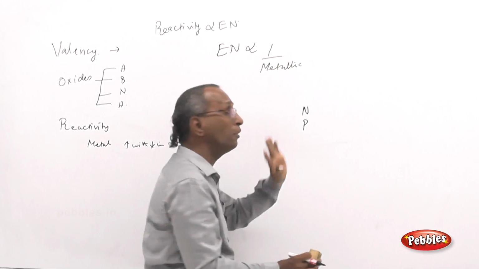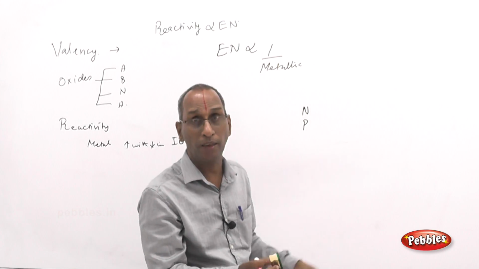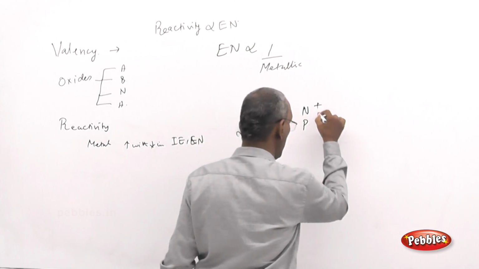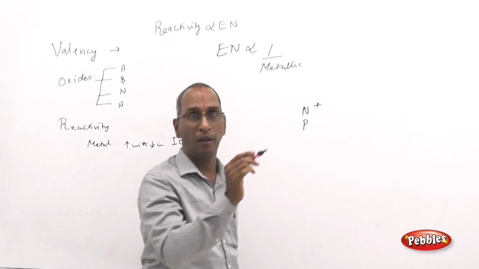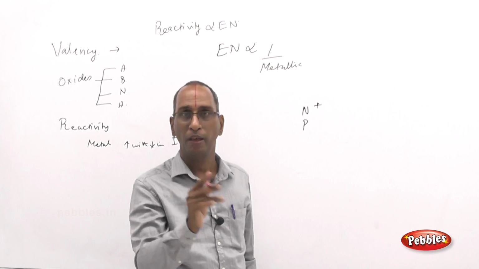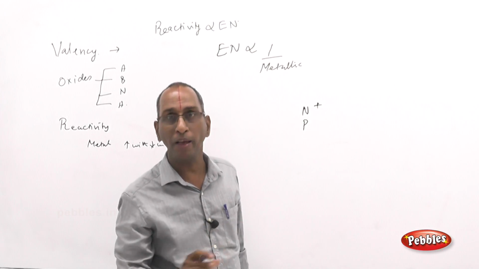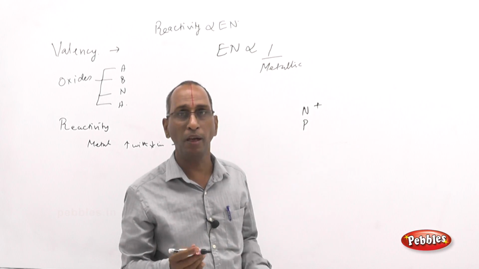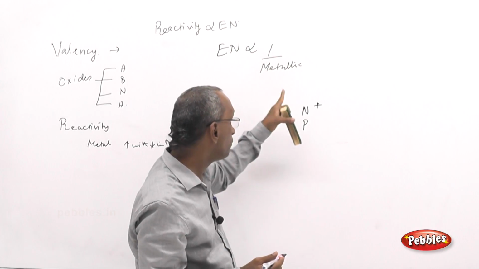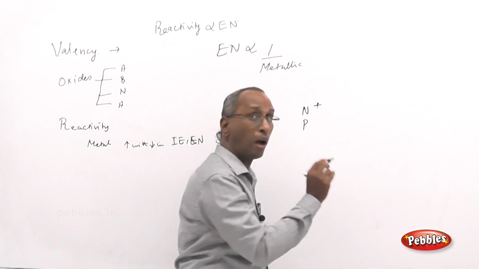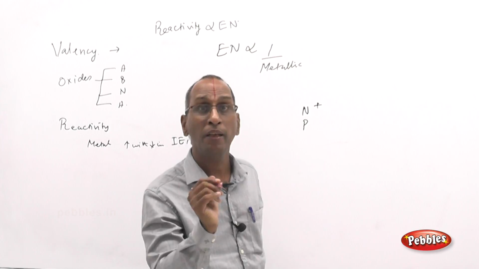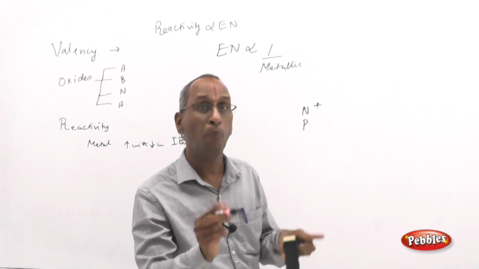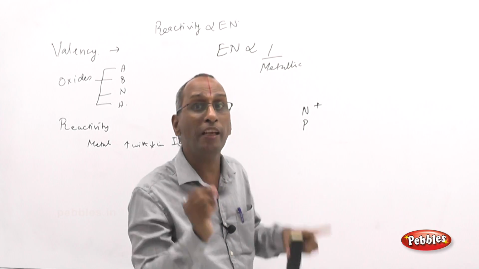But nitrogen will not form its ions at all. N plus is not stable, N plus will not form, and N minus will not form. But it has very good bonding. Even in covalent compounds, nitrogen's bond order is very high.